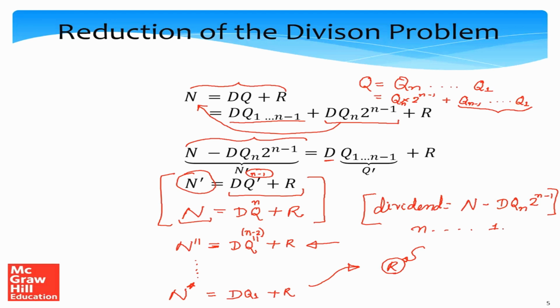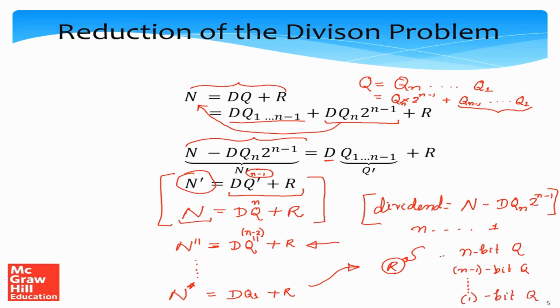All right. So what we are doing is that we are gradually reducing the division problem from a problem of computing an n-bit quotient to a problem of computing an n minus 1 bit quotient, to a problem of computing a 1-bit quotient, right?